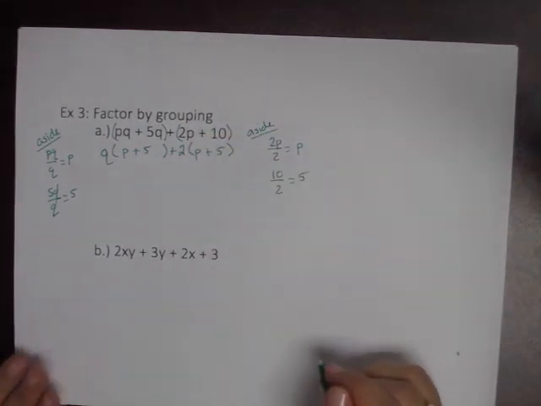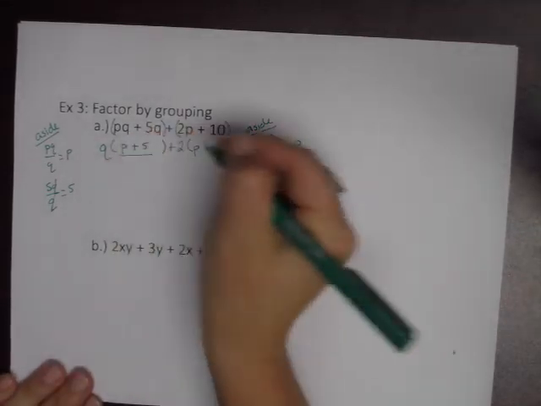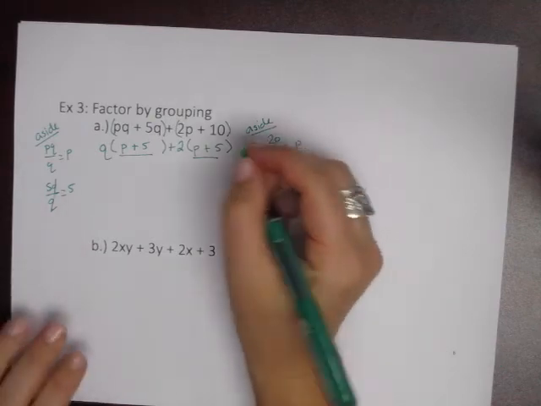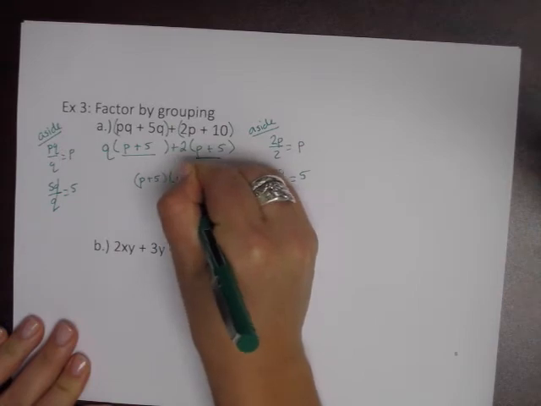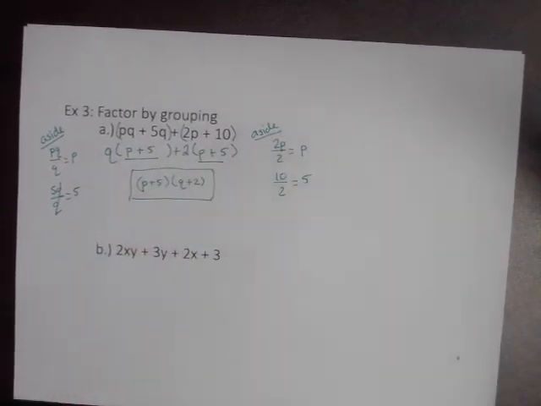Alright, now this is where we check, and my common binomial is P plus 5, and I got P plus 5, so I know I'm on the right track. So I go P plus 5 times Q plus 2, and then I box my answer. So I'm using my GCF that I've been finding, but this process, you can check it as you go, so I think it's pretty easy.